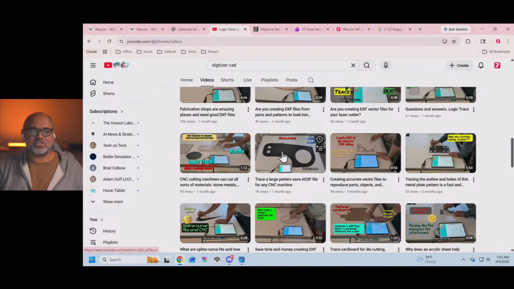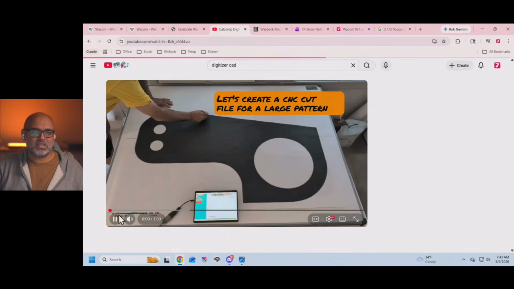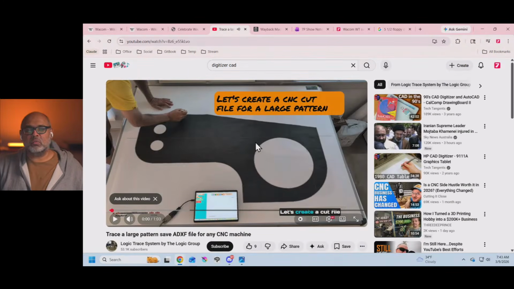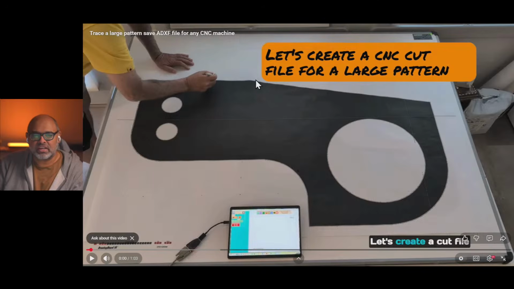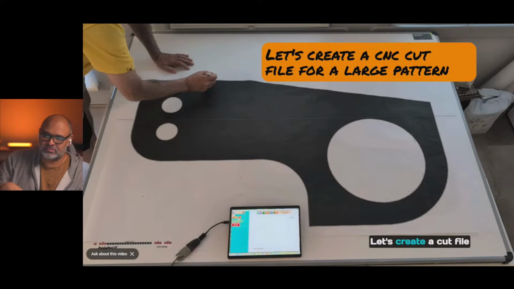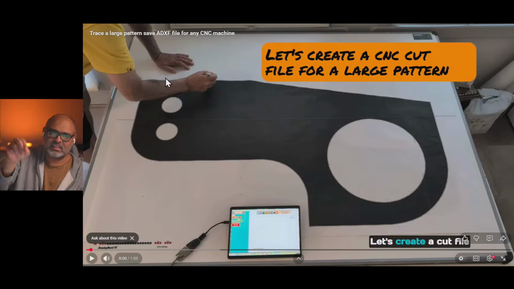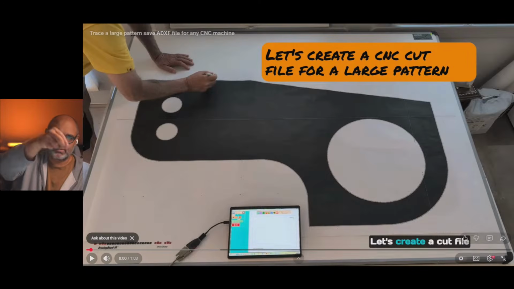Okay, I'm just going to show you this screenshot. I'm going to open this one up. Let's create just to show you how these things are actually used. So they'll have some big physical thing, and they're trying to capture all the points so they can trace out this shape, which is physical, and get it into the computer. Okay, so they tap the pen along the points.